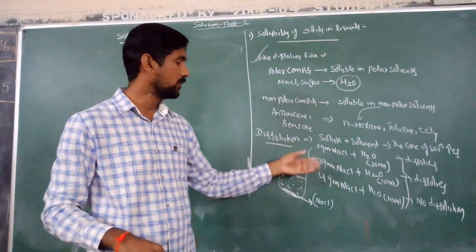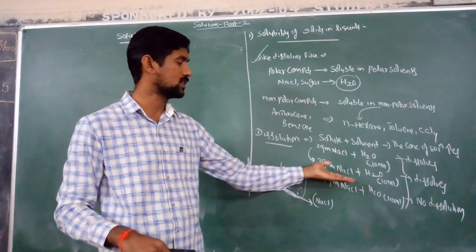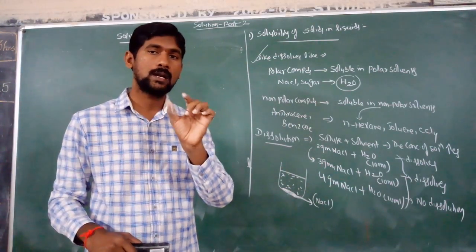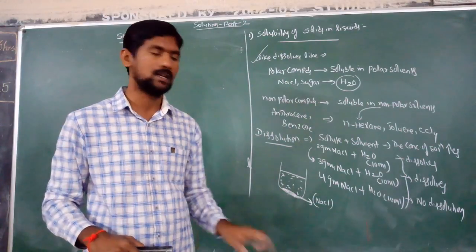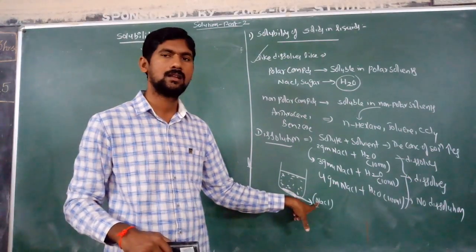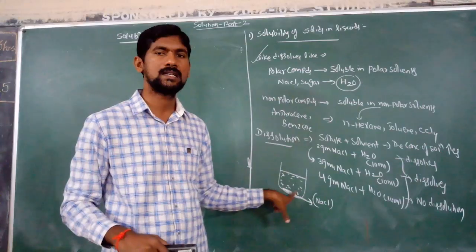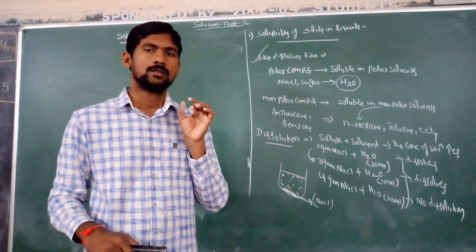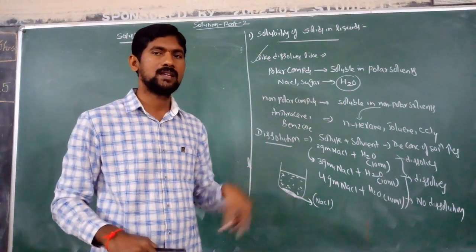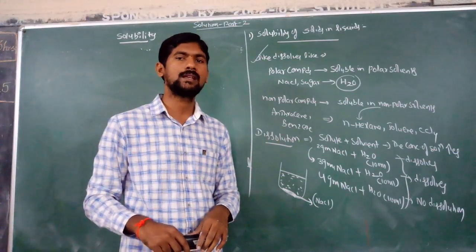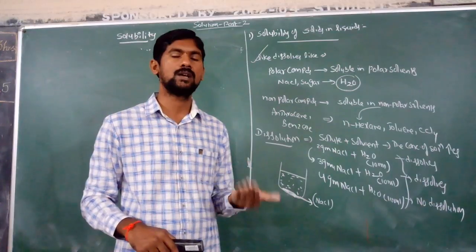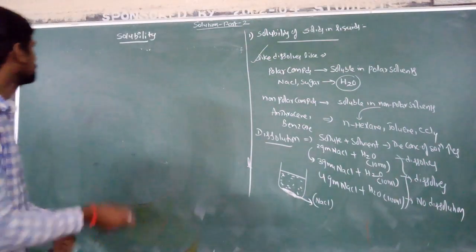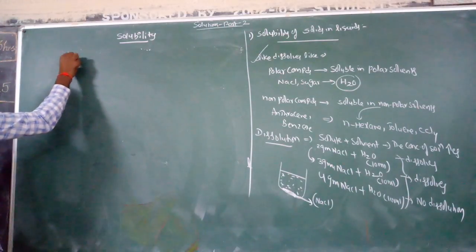If you increase the amount to 4 grams, some amount of sodium chloride is present in undissolved state, as precipitation settled at the bottom. In this situation, you can define dynamic equilibrium, saturated solution and unsaturated solution. What is a saturated solution?